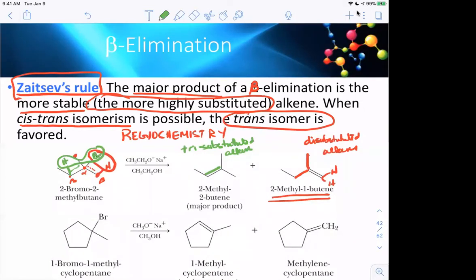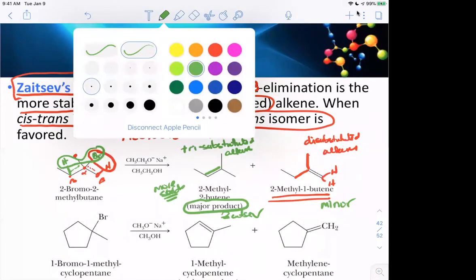This is going to be more stable because it's tri-substituted. So this will be the major product. This would be the minor product. This is the Zaitsev product because it follows Zaitsev rule, where the more highly substituted or more stable alkene is formed. So let's look at another example.